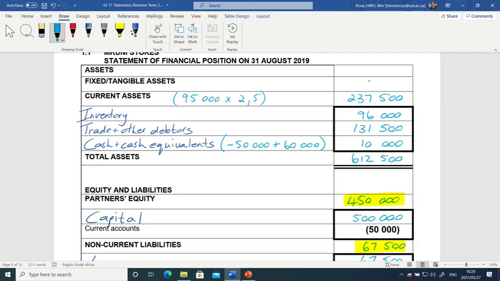And then I still need the fixed assets, but I know total assets minus my current assets will give me the non-current assets. And again, my non-current assets plus current assets will give me the total assets. And there's your statement of financial position, without any adjustments, just by using financial indicators.